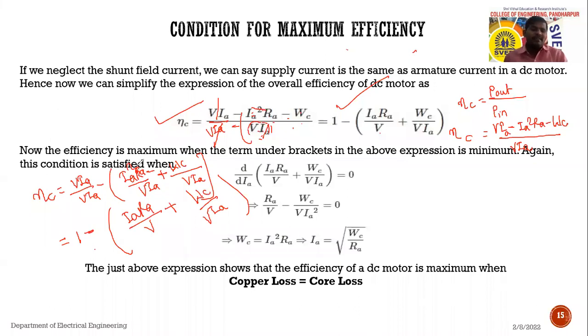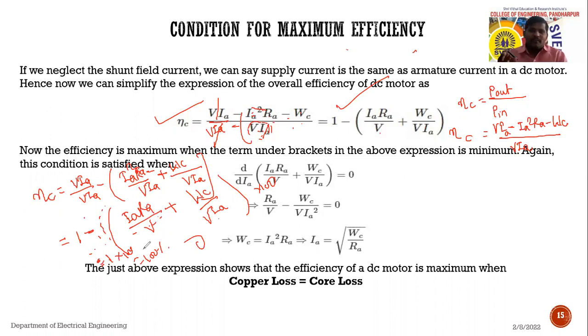If I multiply this by 100, and if this value is 0, then 1 minus 0 is 1, and into 100 we achieve 100% efficiency. When the term IA RA divided by V plus WC divided by V into IA is 0, we get the efficiency maximum.